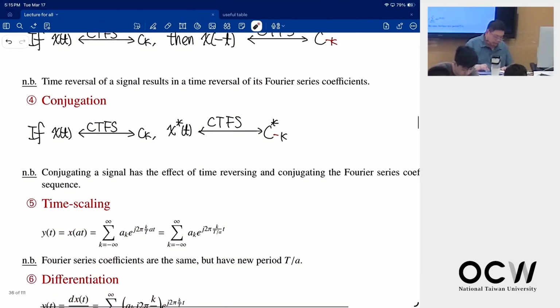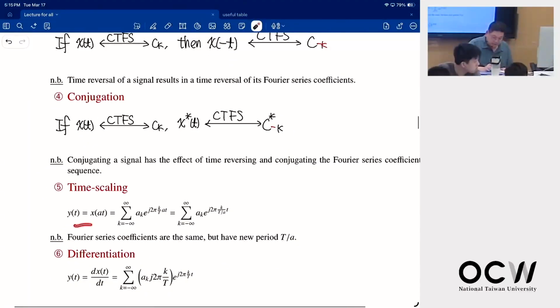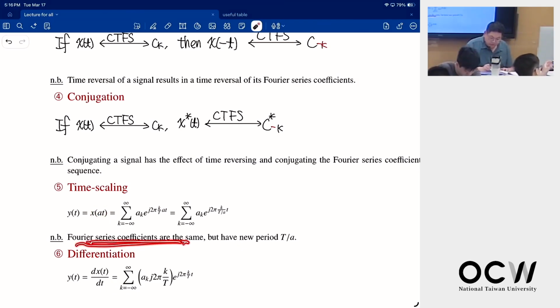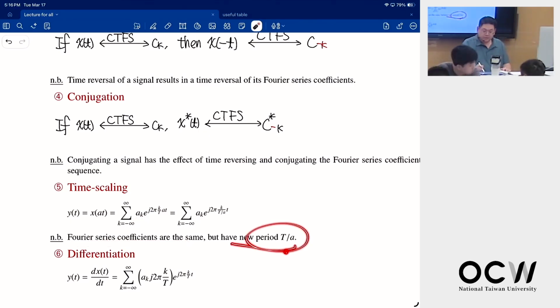And then time scaling. If I have a time scaling, what happens? The coefficients are also the same, okay? But we have a new period, from T to T over a. So if a is 2, I compress.